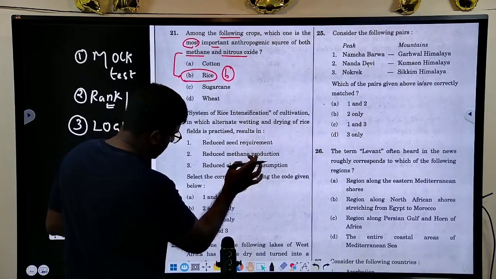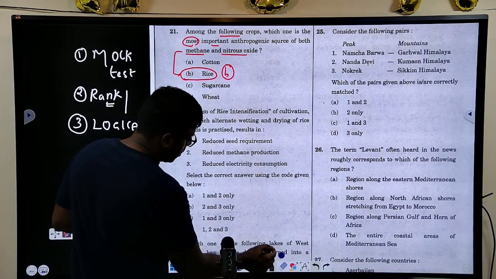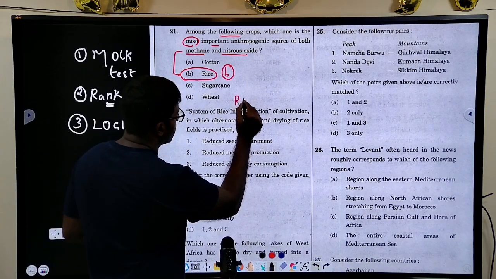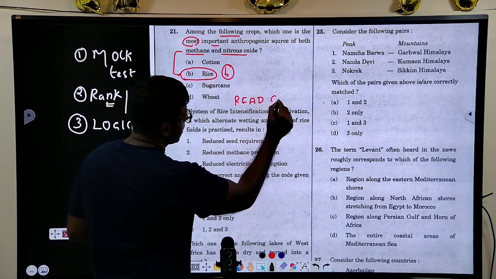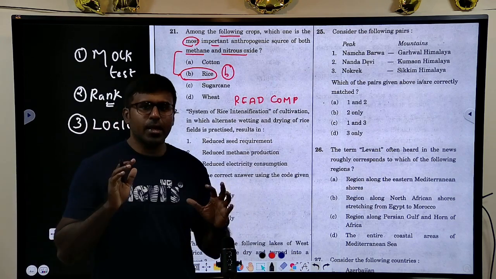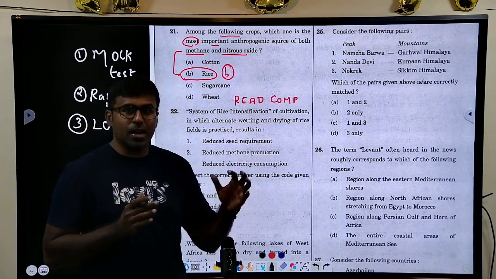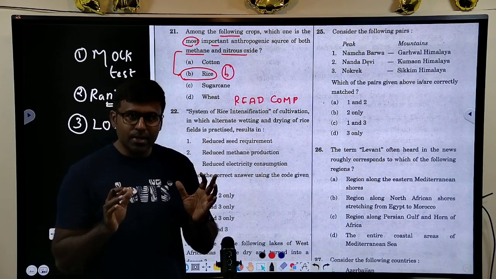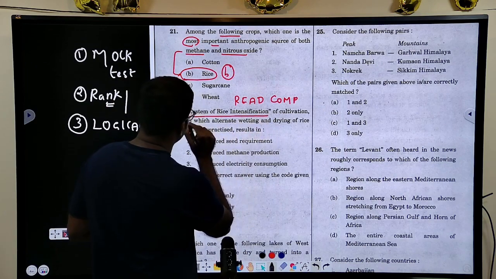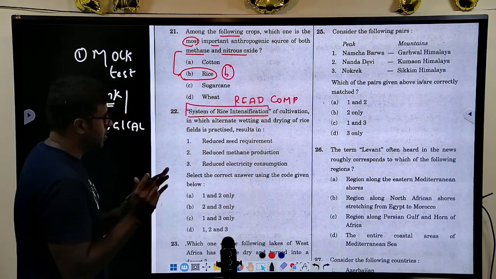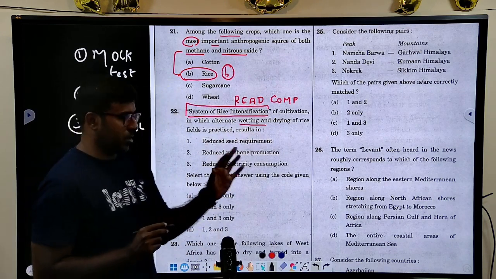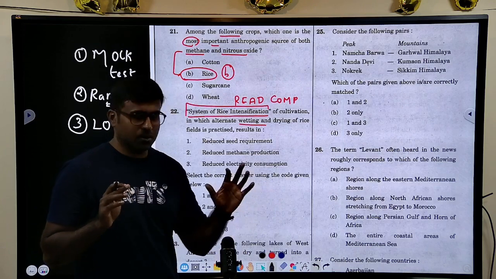The next question is what I would call reading comprehension. There are certain questions in UPSC where you should not think about where you read this; you should rather think from the question. See here, system of rice intensification cultivation, in which alternate wetting and drying is practiced.